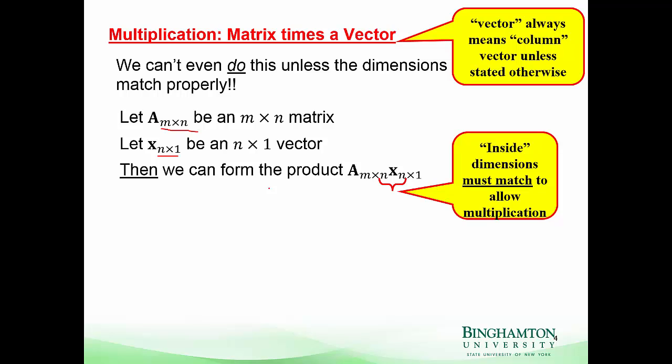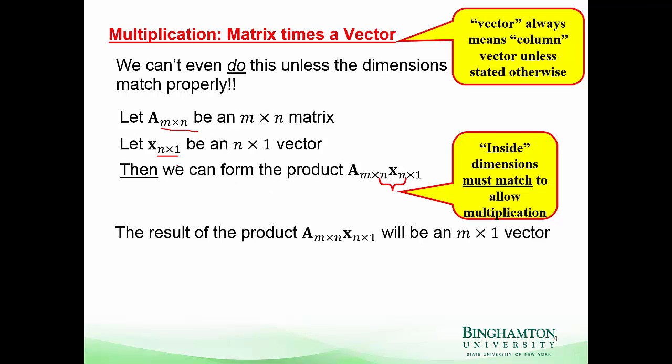once we've defined matrix multiplication, that handles any case where we have matrix times vector, vector times vector, vector times matrix. They all must satisfy this rule: the inside dimensions must match to allow this multiplication. In this case, we've set it up so it's m by n times an n by 1.